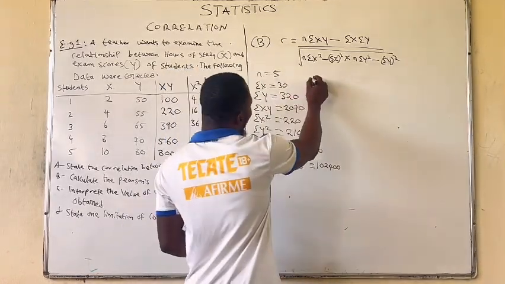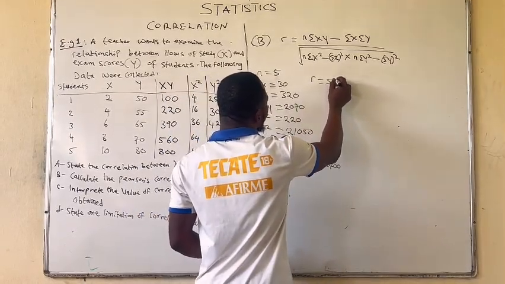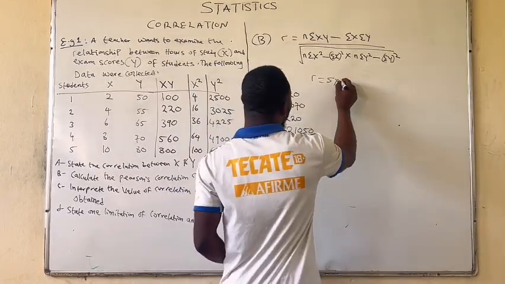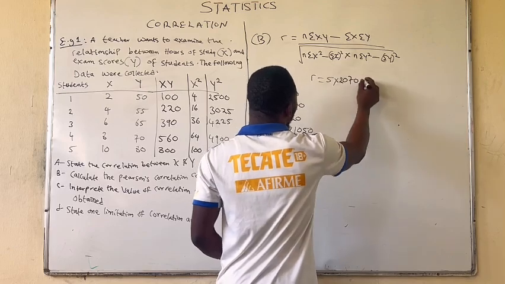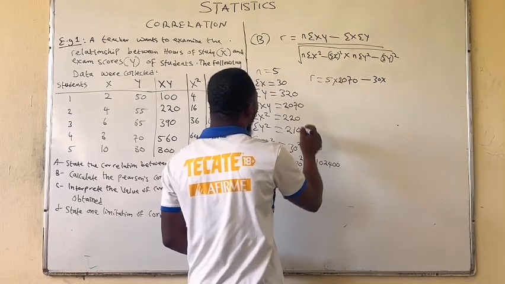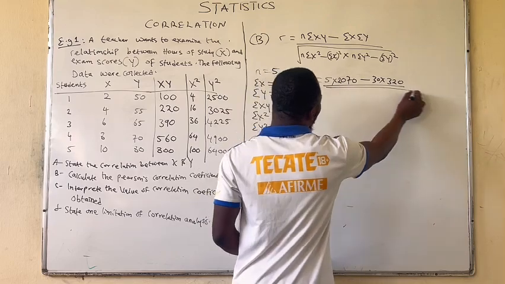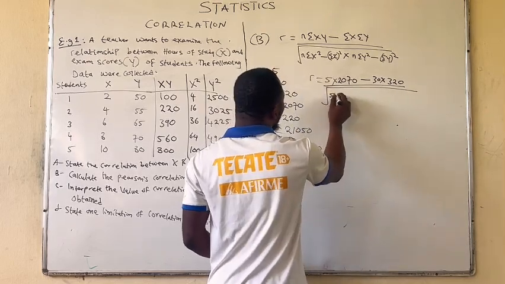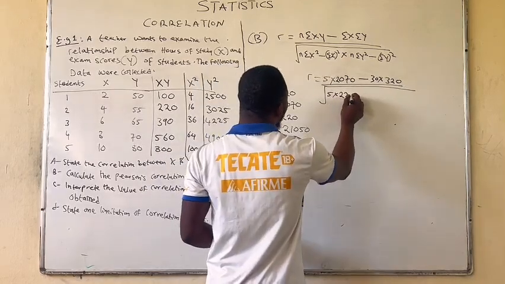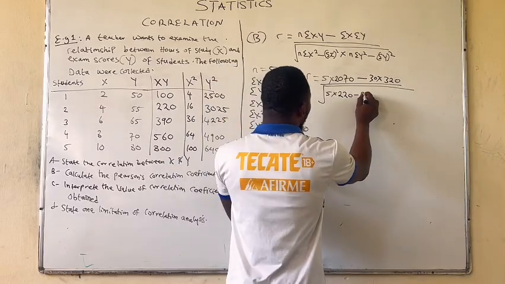So our R will now be equal to, we say our N is 5, that is 5 multiplied by the summation of XY, which is 2070, then minus the summation of X, that is 30, multiplied by the summation of Y, which is 320, all divided by the root of N, which is 5, multiplied by our summation of X squared, 220, minus the summation of X all squared, which is 900.